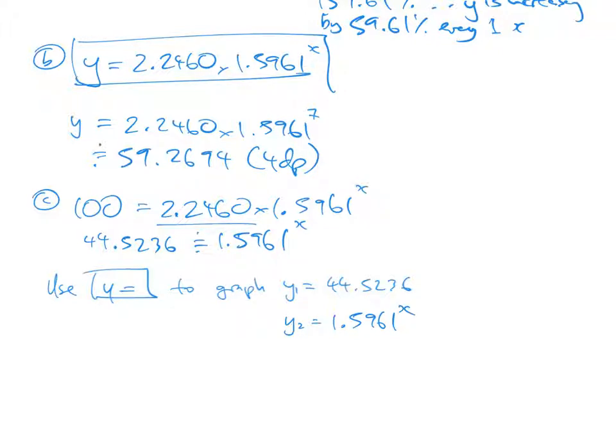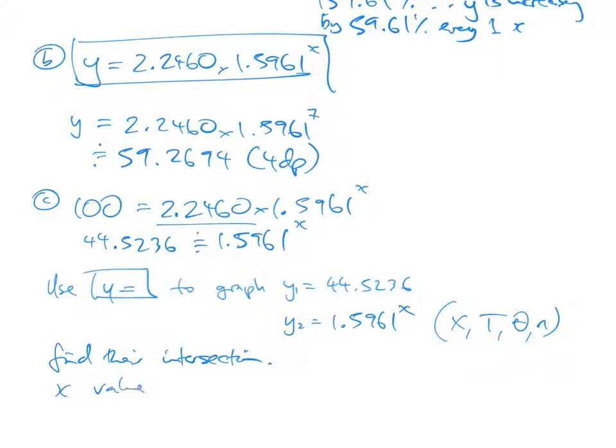How do you get x on the calculator? You use the button that looks like X, T, theta, n. And then you find their intersection. We're finding x, so the x value is the solution.